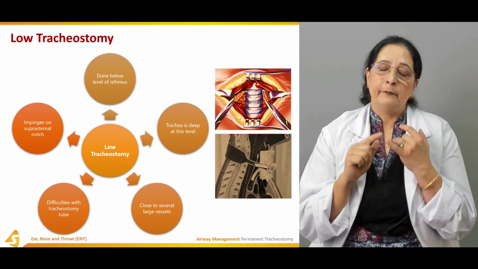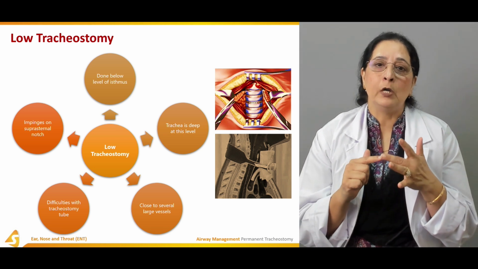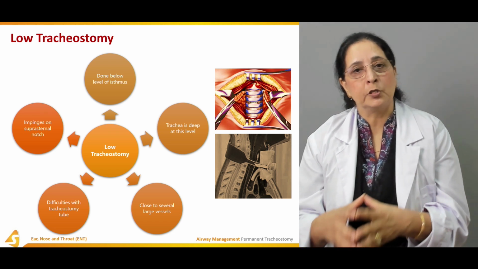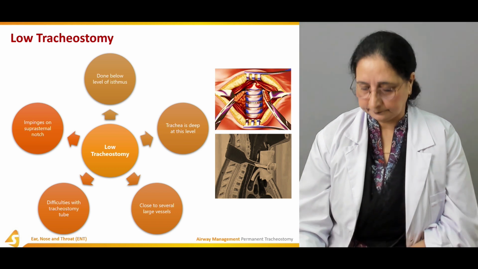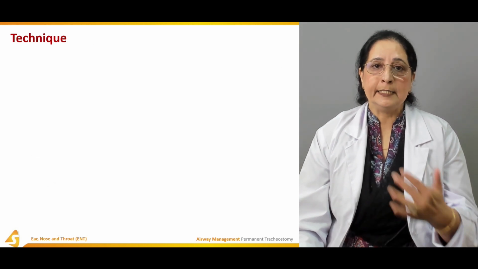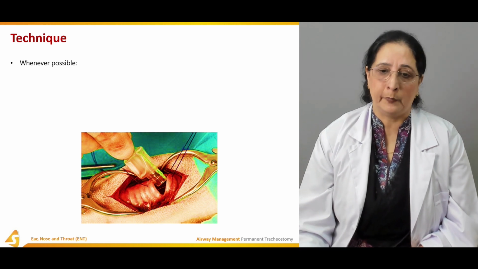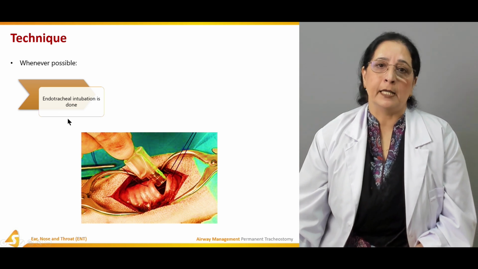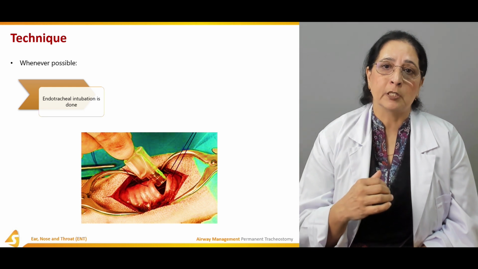So now we talked about the high-level, mid-level and low-level tracheostomies, the complications associated with them, and the most common sites. Next, the technique which can be done. Whenever possible, an endotracheal tube is placed or intubation is done while performing tracheostomy.